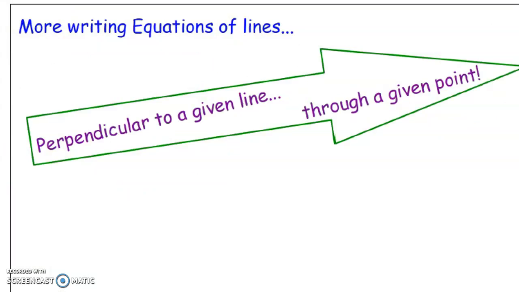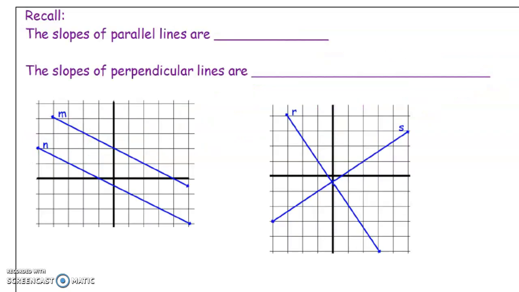Okay. Moving on, more equations of lines given perpendicular through a given point. Remember that the slopes of parallel lines are the same, meaning m equals m, and slopes of perpendicular lines are opposite signs, so you should always have one positive and one that's negative.